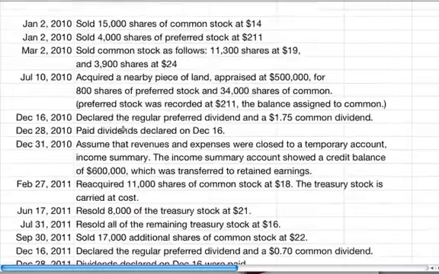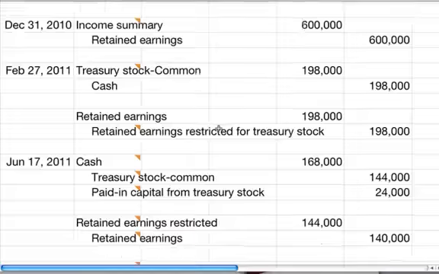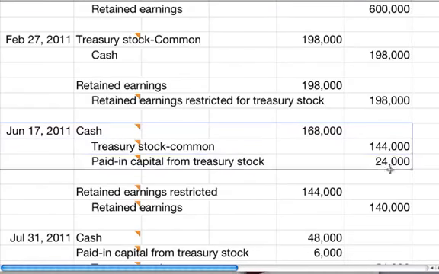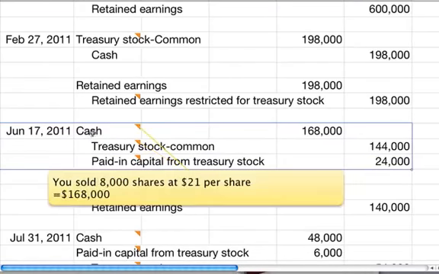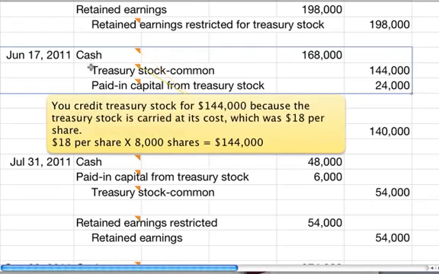So our next transaction is on June 17th. We resold 8,000 shares of the treasury stock at $21 a share. That's this journal entry right here. We sold 8,000 shares at $21 per share. It's $168,000.